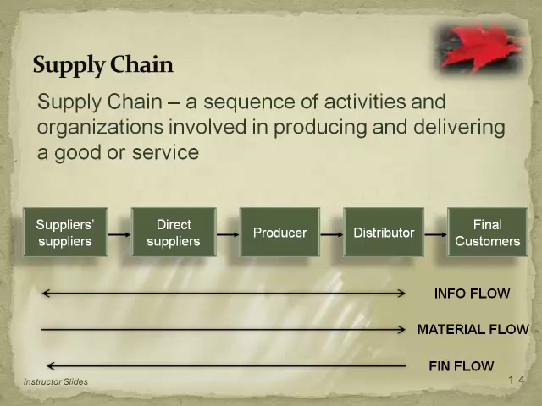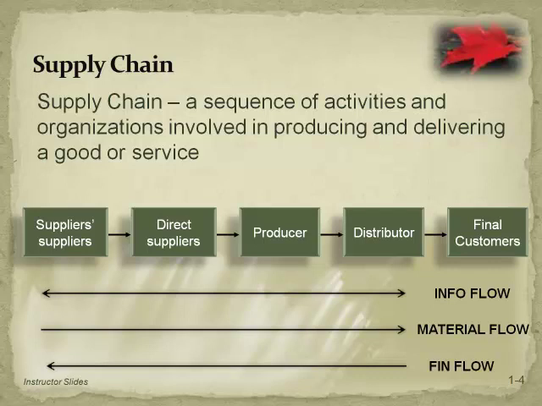We call that the front end of the supply chain, all the way back to the back end, the supplier's supplier. And it also flows from the back end of the supply chain to the front end of the supply chain.